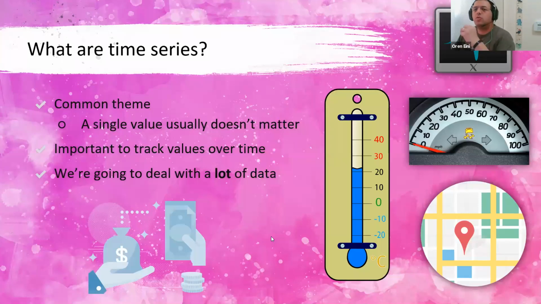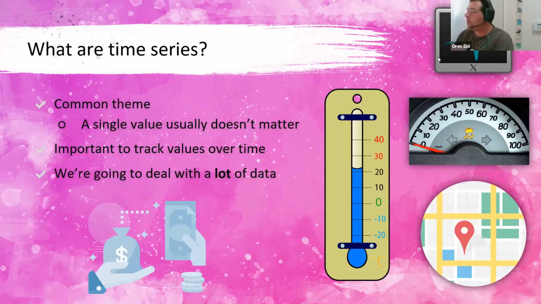In time series data, we typically don't really care about a single value. We care a lot more about the set of values as they change over time. With a heart rate monitor, you don't care that my current heart rate is 78.